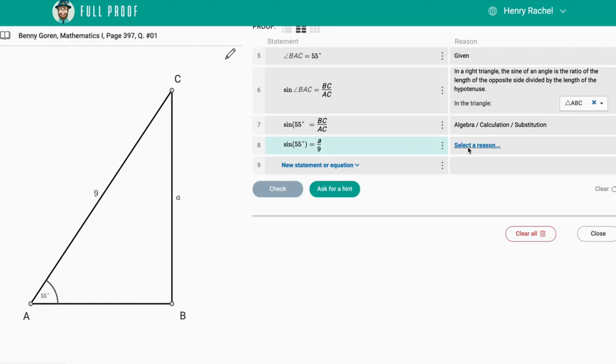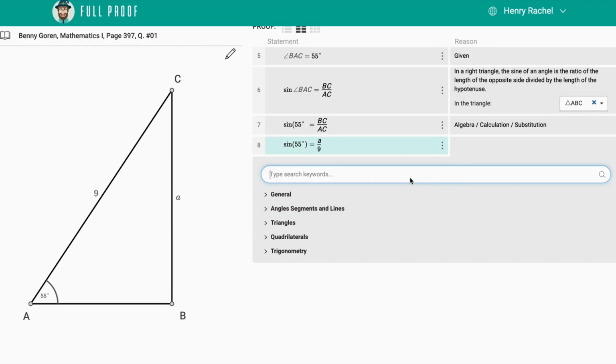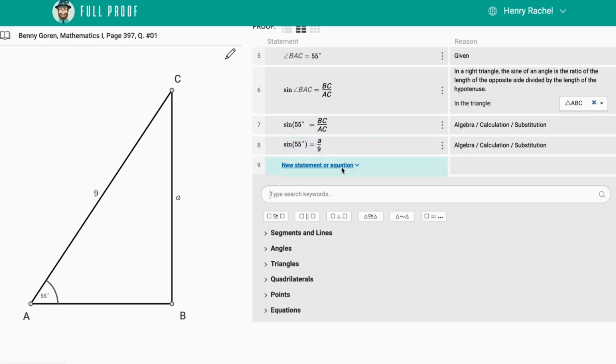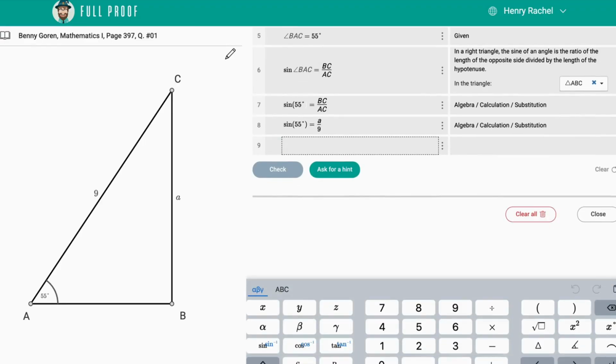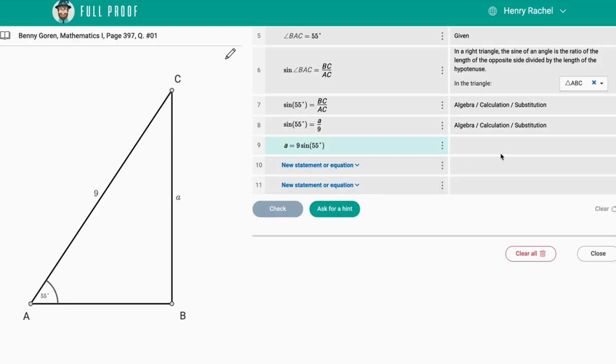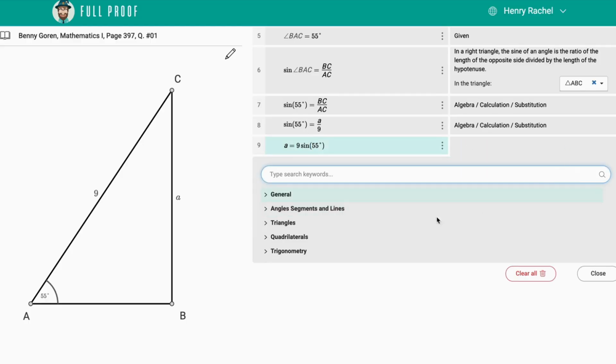Again, this was just some more substitution. All right, moving some of this around, I'm going to multiply the 9 by both sides to get it out of my denominator. So this will end up looking like A equals 9 sine 55 degrees. Again, this is just more algebra, more substitution.